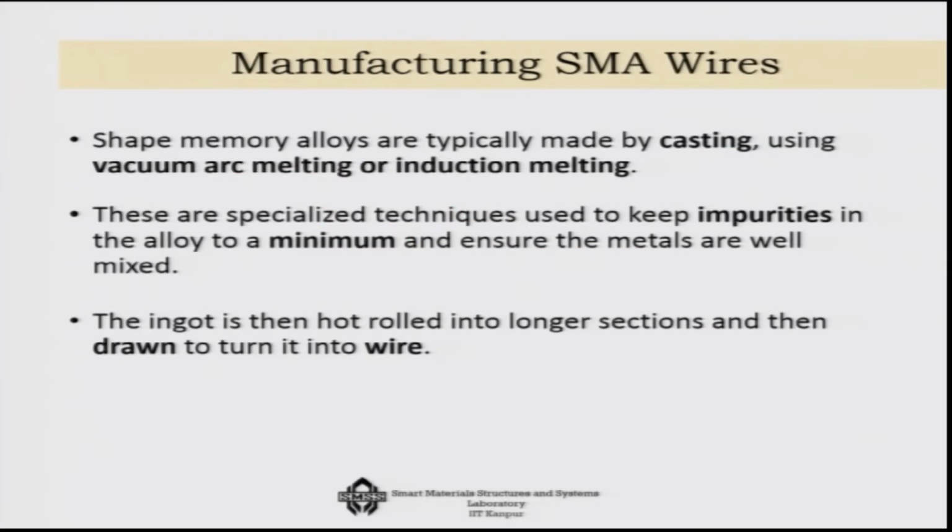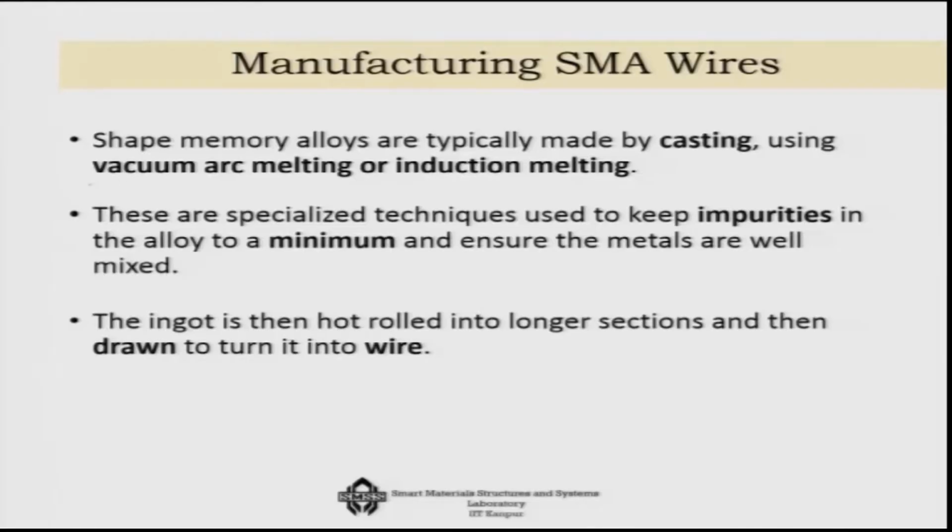How do we manufacture such SMA wires? The basic composition is very simple, nickel and titanium, but in order to have a crystal structure which will allow the twinning, it has to be very pure. You also have to mix nickel and titanium at a high temperature.